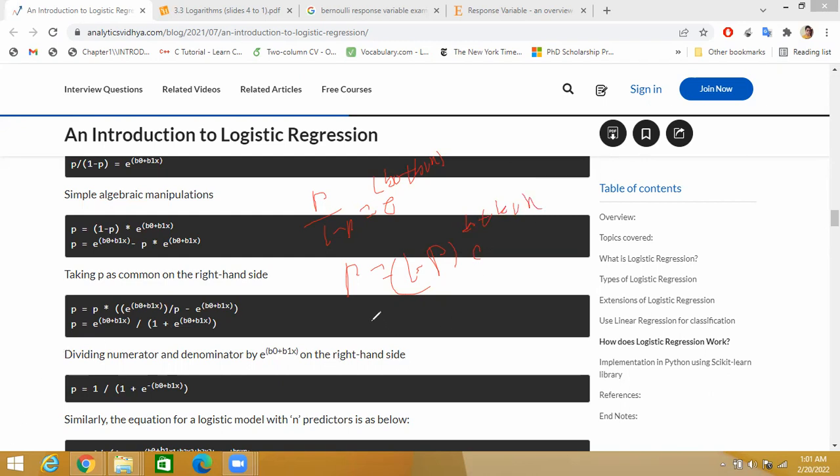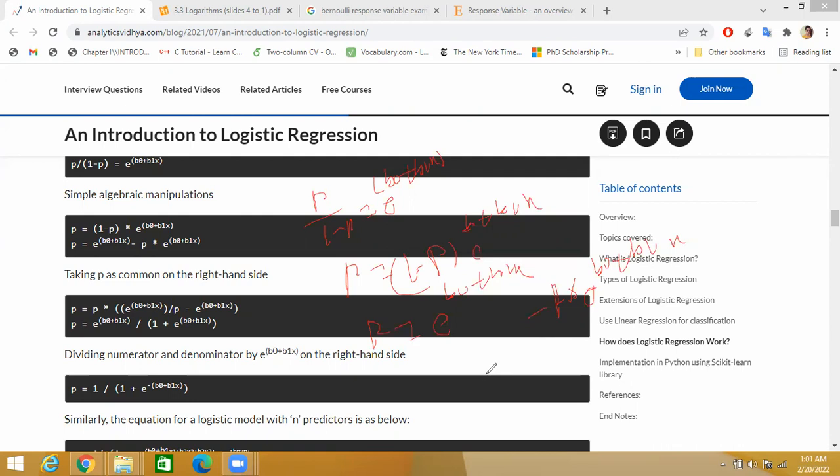Multiplying this, it becomes e to the power beta naught plus b1 x minus p into e to the power beta naught plus b1 x.